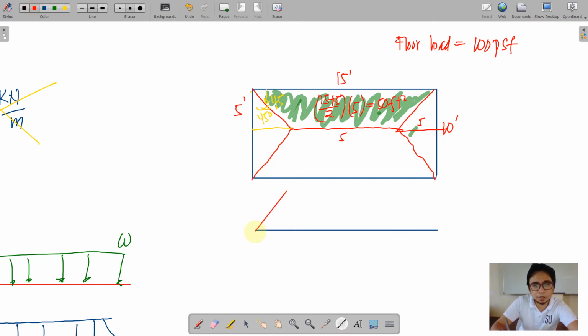And this is the distributed load. Let us have the following dimensions here. This is actually 5, 5, and 5 to make that 15.